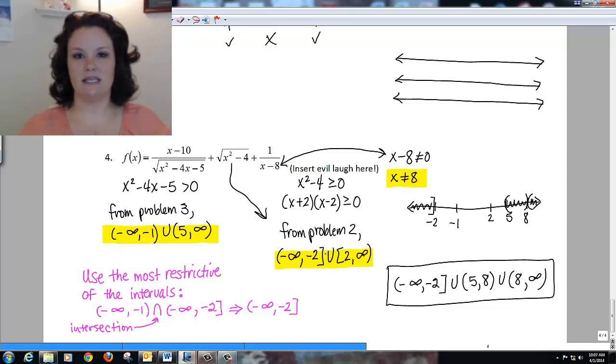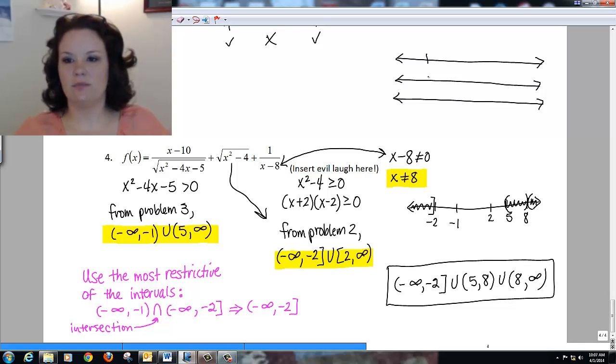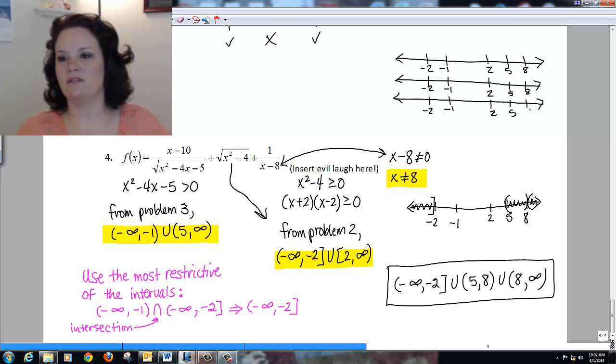My second one needs a -2 and a 2, and the last one needs an 8. So I'm going to put all these numbers on all 3 graphs. I have a -2, a -1, a 2, a 5, and an 8.